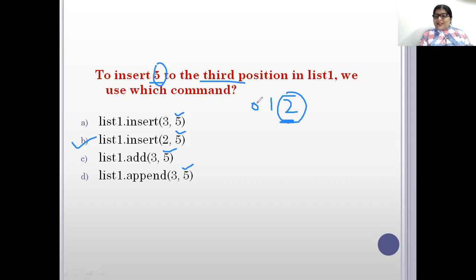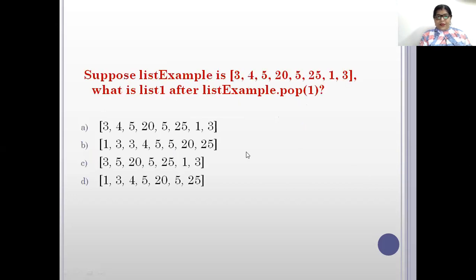This is the 0th index, but the position is the first only. We can't say it is at the 0 position. It is at the first position, it is at the second position, it is at the third position. So the answer here is B only. Come to the next one.